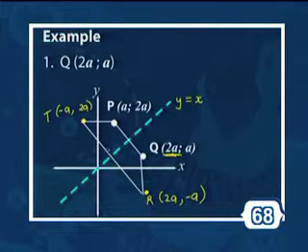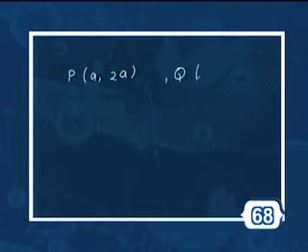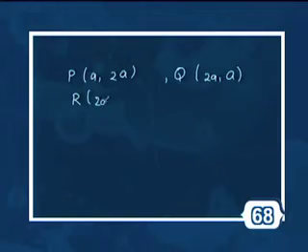You will remember from the properties of a trapezium that one pair of opposite sides is parallel. So what I'm going to show you now is the working to show that PQRT is in fact a trapezium. We have the coordinates of P, (a, 2a), and the coordinates of Q, (2a, a). Remember, in order to show that something is a trapezium, all you've got to do is show that one pair of opposite sides is parallel, and only one pair.